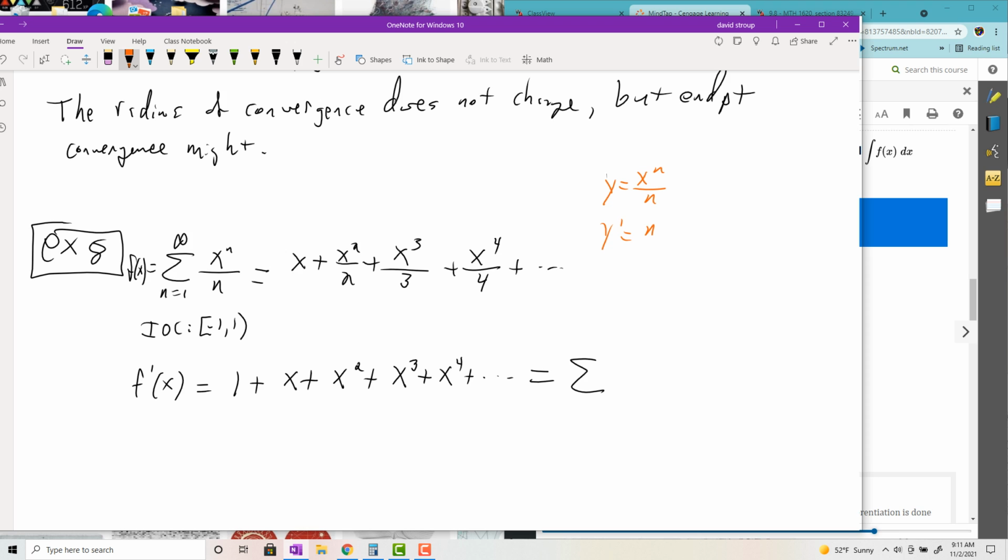So it would be n x to the n minus 1 over n, which is just x to the n minus 1. So that will be our formula.